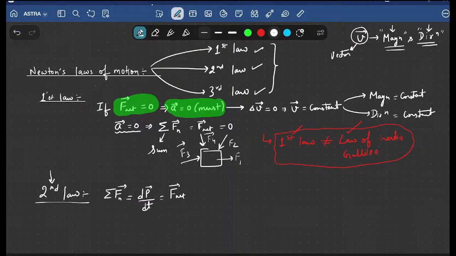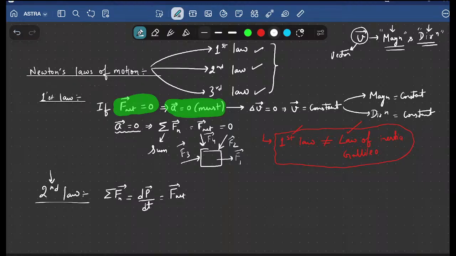F1, F2, F3, F4, all the forces are represented by different arrows, right? Why do we prefer to represent a vector with an arrow? The simple reason is a vector has a magnitude and direction, and arrows have length as well as direction. The length represents the magnitude and the arrowhead represents the direction. That's why we represent a vector by an arrow.